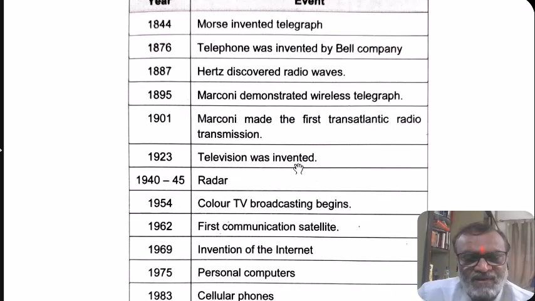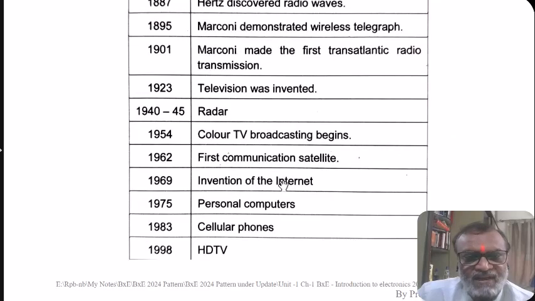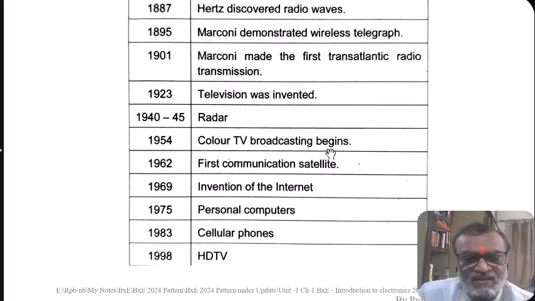1940 to 45, the development and invention in radar systems were at their peak. In 1998, high definition television systems were in the market. And today we have very fast communication devices like mobile phones.